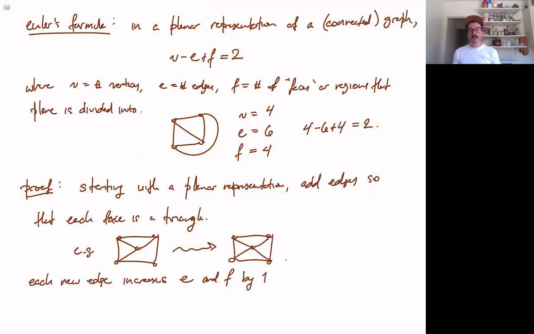And the number of vertices does not change, because we only added edges, no vertices. So each new edge increases E and F by 1. And since we are taking this sort of alternating sum, E is negative and F is positive. So V minus E plus F stays the same.